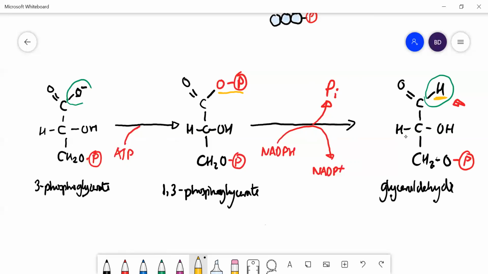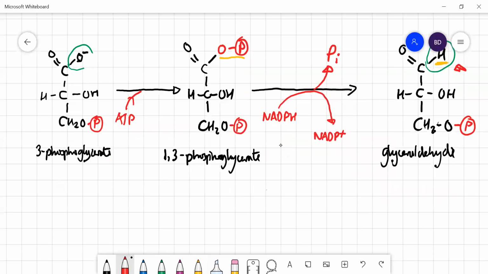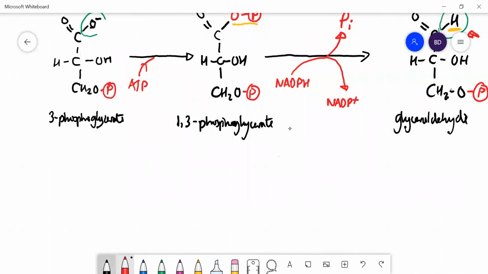So you need ATP for the first step to activate the molecule, if you like, to make the molecule unstable. I prefer to say that, and that means it's much easier for it to be reduced by the NADPH. So we've got glyceraldehyde 3-phosphate now, which is a 3-carbon sugar.